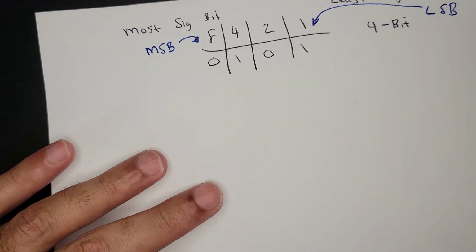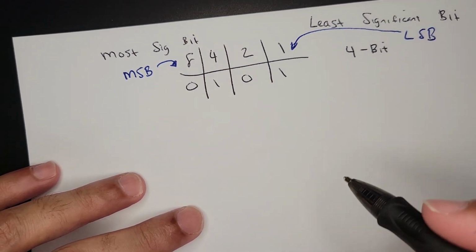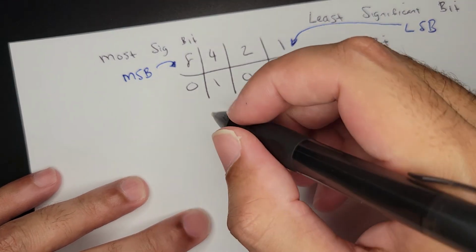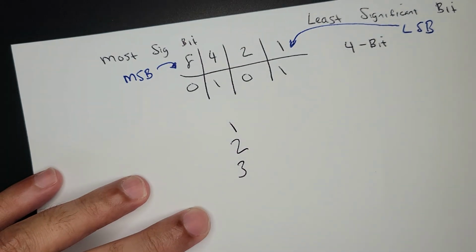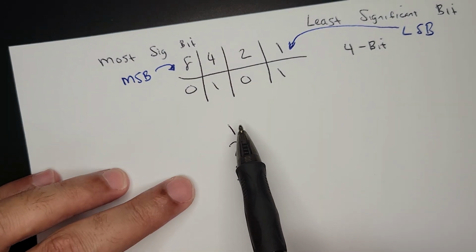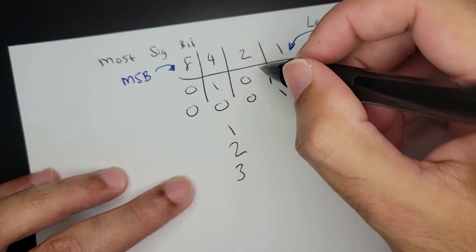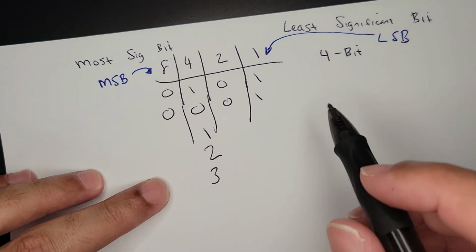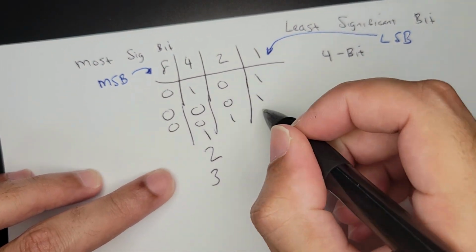Let's say we're going to send a message to our friend, and we want it to be kind of secret. So we're going to use binary, even though it's not so secret, I guess. But let's say we're going to send the values 1, 2 and 3 to make it simple. So let's encode 1. We know that it's 0, 0, 0, 1. 2 is 0, 0, 1, 0, right?